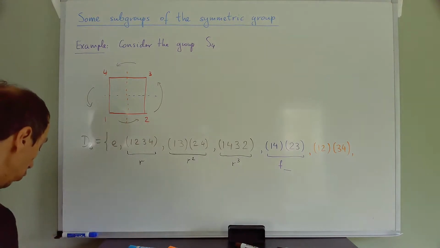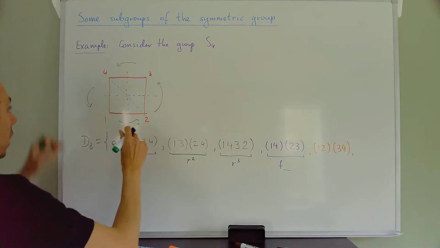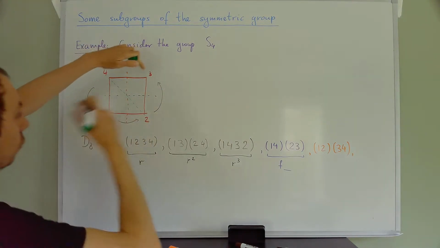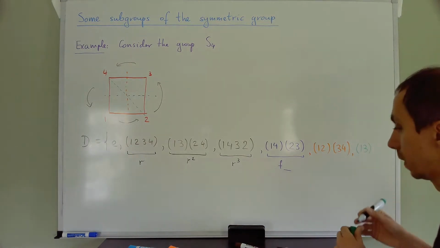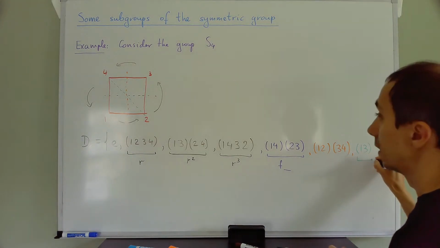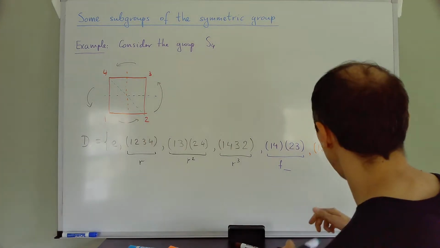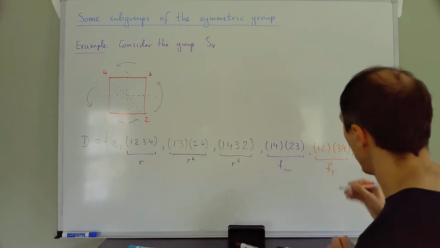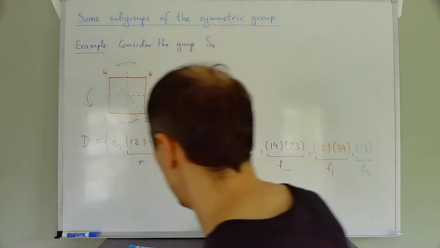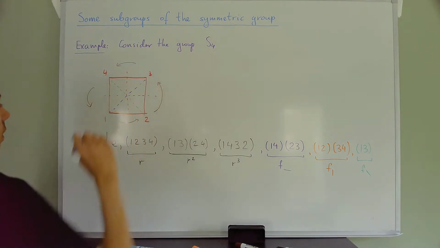Finally, there are these two diagonal flips. So that flip fixes 2 and 4 and switches 1 and 3. So that's just 1, 3. Right? So that is this diagonal flip, while the orange one is the vertical one. And finally, the last one is this flip.